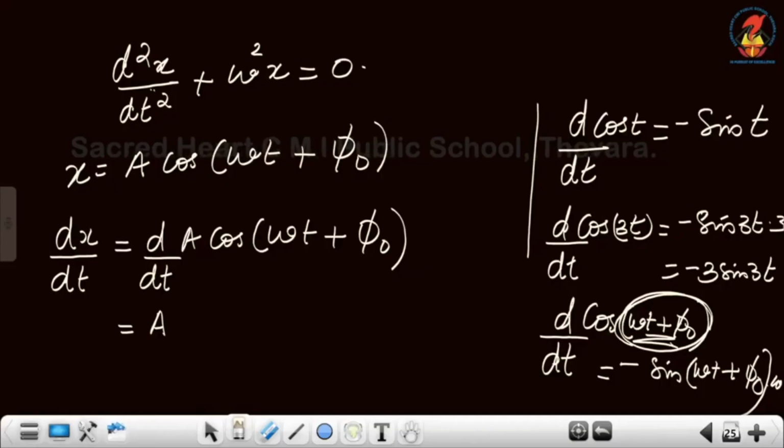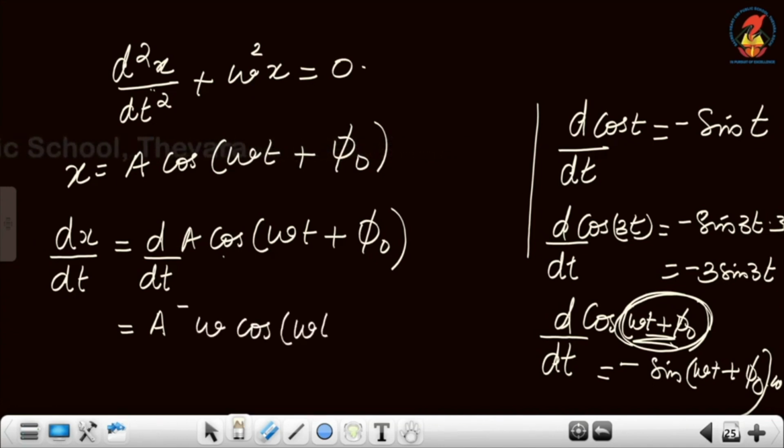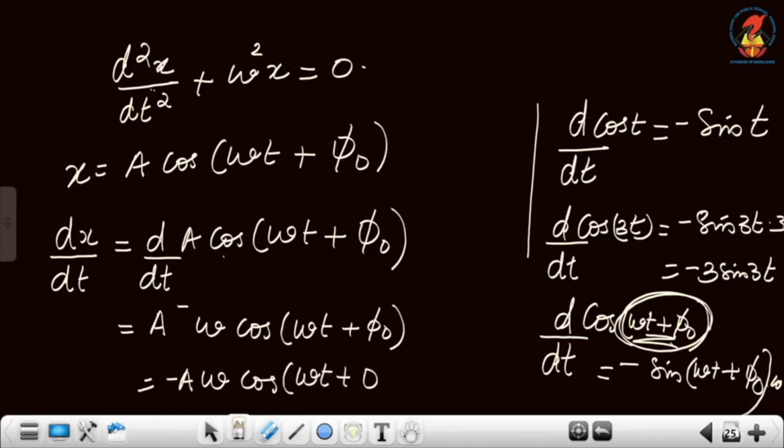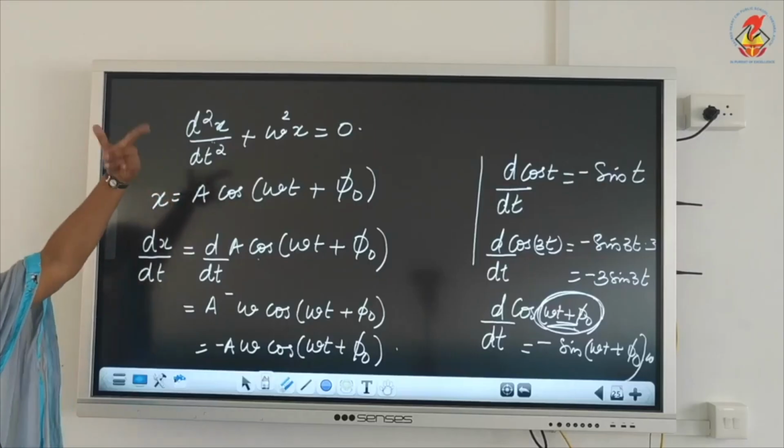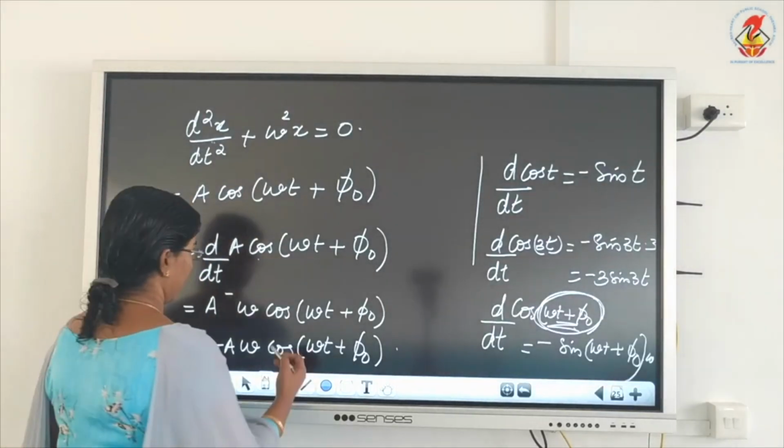A is a constant, so dx/dt = minus Aω sin(ωt + φ0). So we got the velocity, but our aim is to get the acceleration, or d²x/dt².